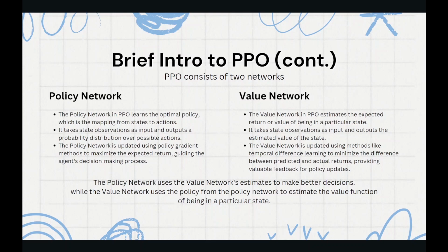On the other hand, the value network takes the state observations as input and estimates the expected return or value of being in a particular state. Both these networks use gradient ascent to update their parameters as discussed earlier. Both the networks work together, with the policy network providing feedback for the value network and the value network providing feedback for policy network improvements.